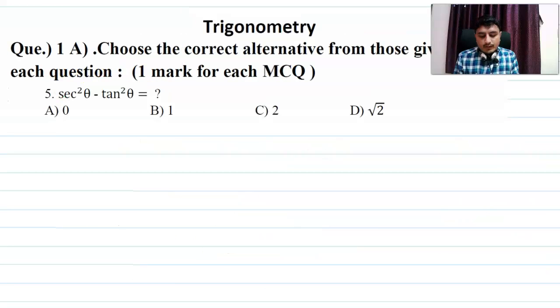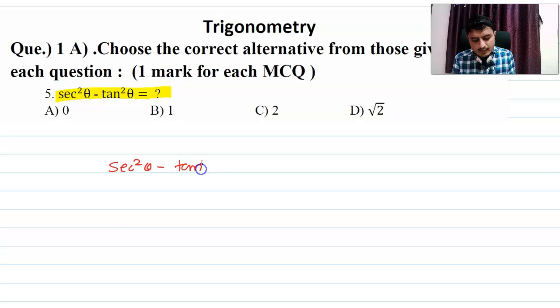Now look at the fifth MCQ. We have sec square of theta minus tan square of theta is equal to. So we have to evaluate the value of sec square of theta minus tan square of theta. Now we well know, as per the trigonometric identity, 1 plus tan square of theta is equal to sec square of theta. So let's replace sec square of theta by its value.